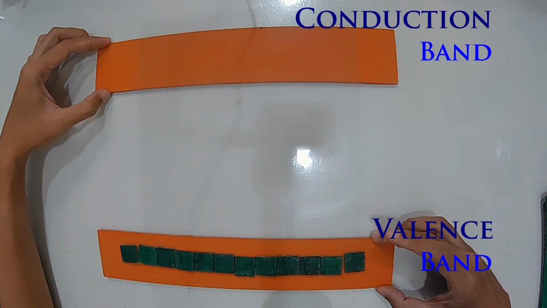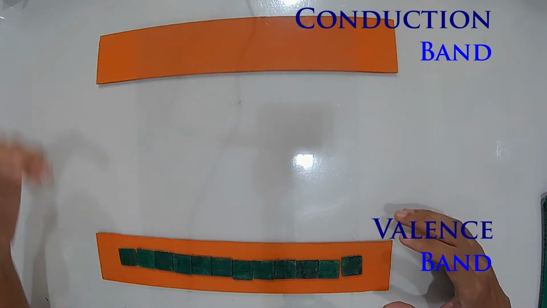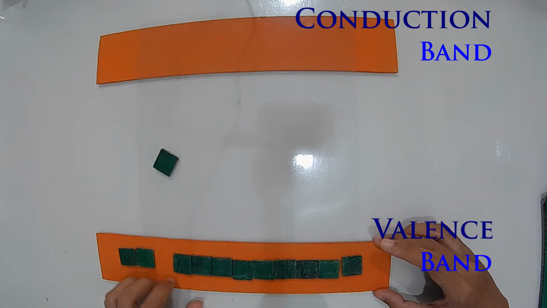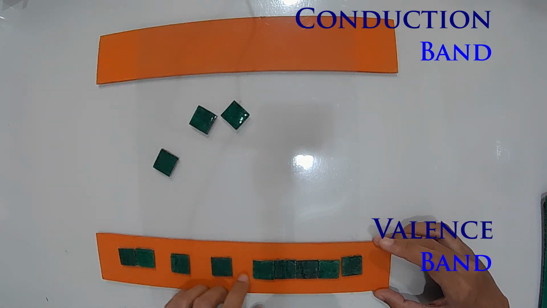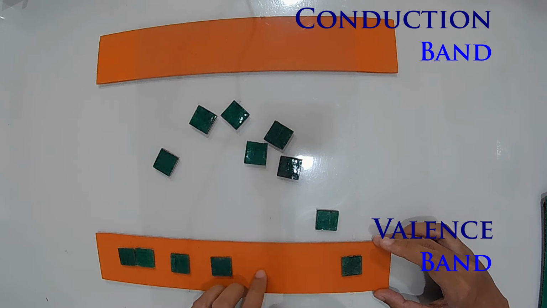If there is a huge gap like this between the valence band and the conduction band, it is hard for electrons to jump to the higher level. As you can see here, even if I give quite a large energy, it still cannot get to the conduction band.